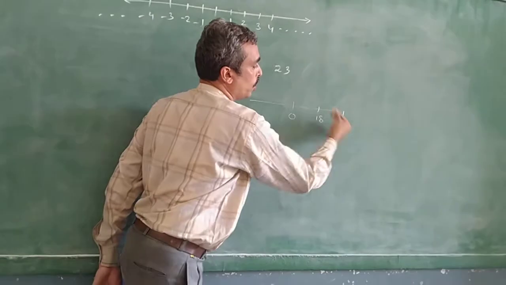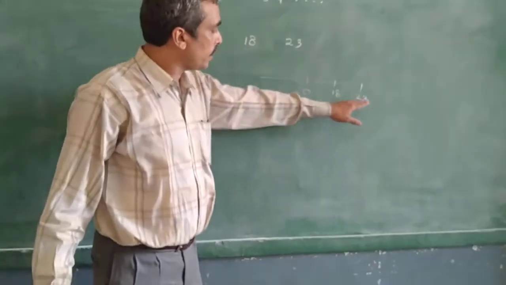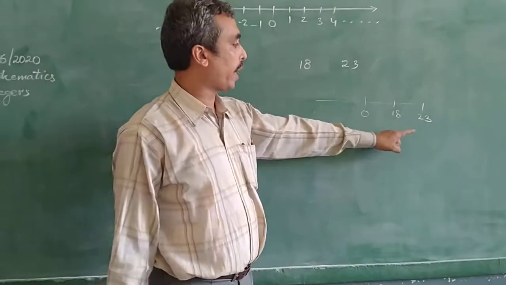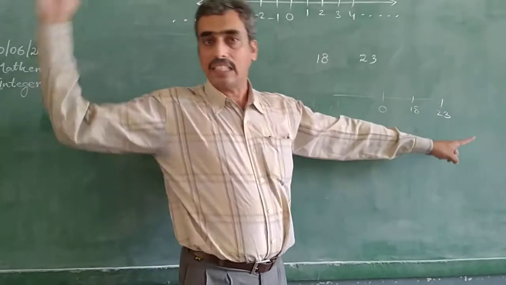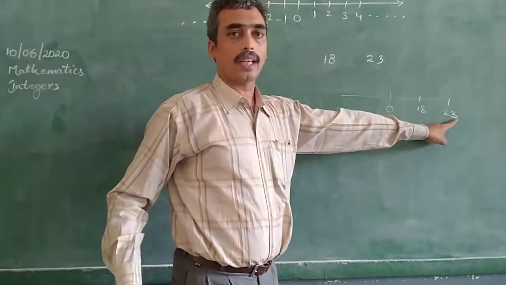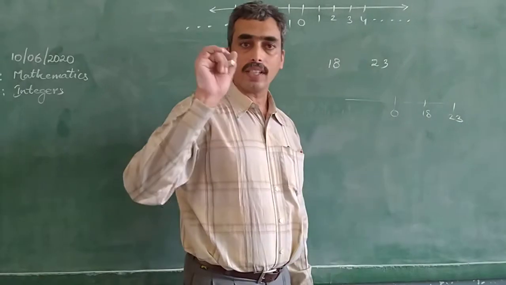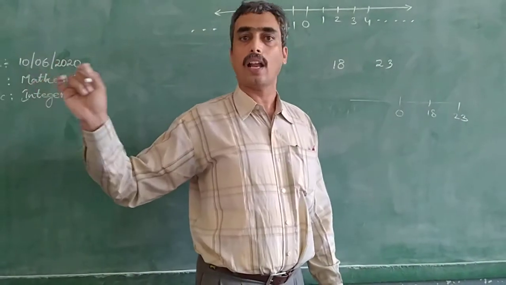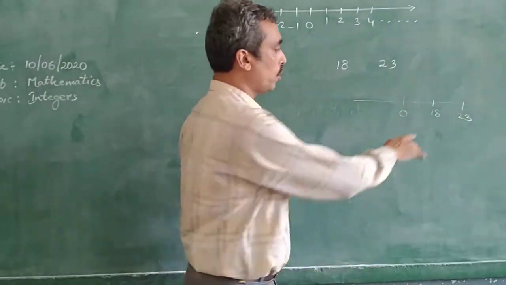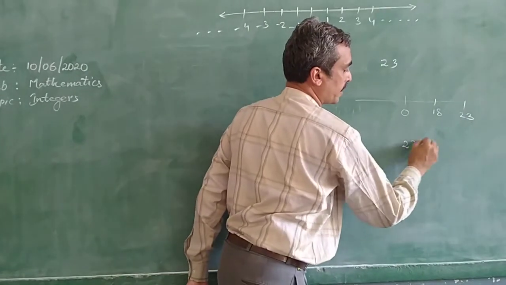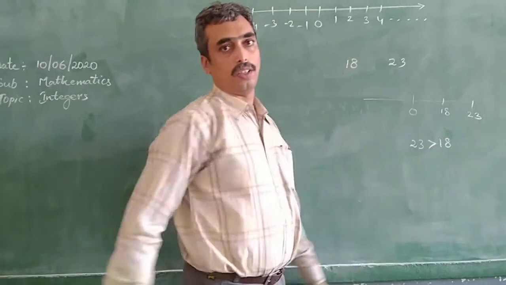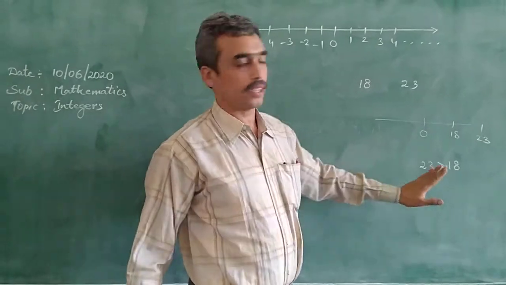So when you mark these numbers, 23 is on the right side of 18. Always, the numbers on the right side are greater than the other numbers. So you can say that 23 is greater than 18. This is how we can compare positive integers.